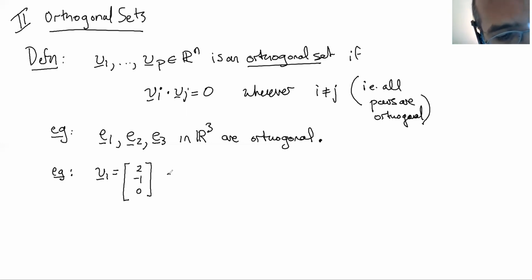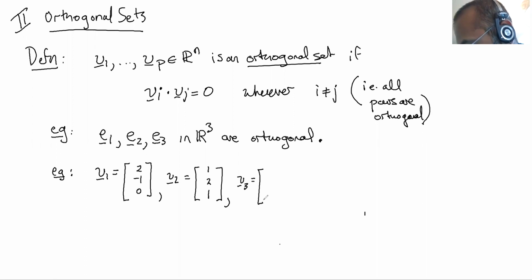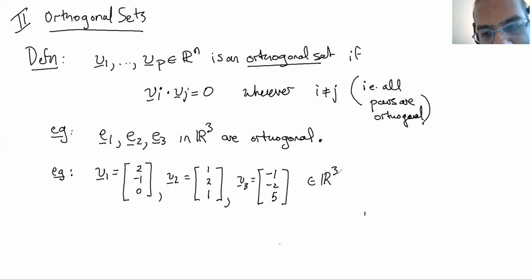So (2, -1, 0), (1, 2, 1), and the third vector is (-1, -2, 5). So these are vectors in R3.